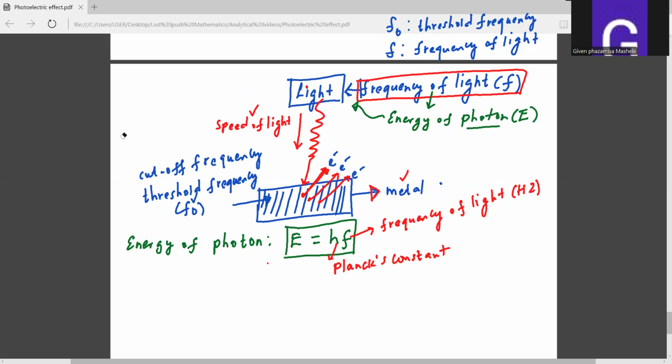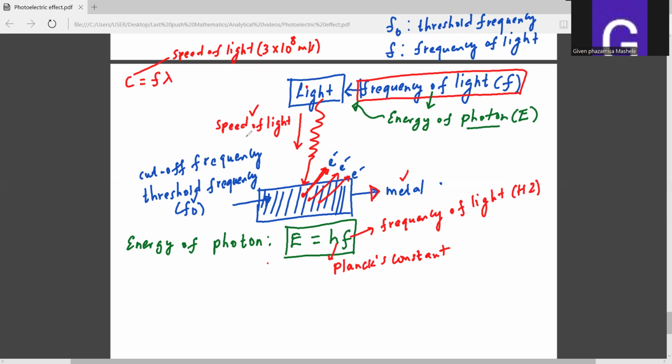Same applies here. So there is a formula for calculating the speed of light, which says speed, instead of v, c equals f multiplied by lambda, whereby this c is the speed of light in a vacuum, which we assume, depending on the question, is 3 times 10 to the power 8 meters per second.